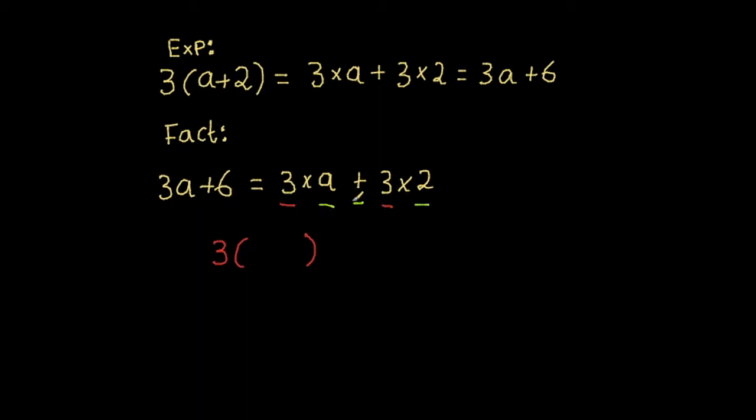What's highlighted in green we put inside the brackets, so here we have a plus 2. And that's it. We've factorized 3a plus 6. So the general rule is: find the highest common factor, pull that out, and then put what remains inside brackets. So let's do a couple examples to practice.